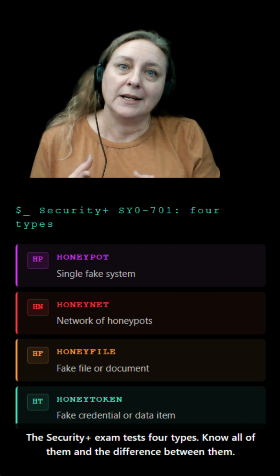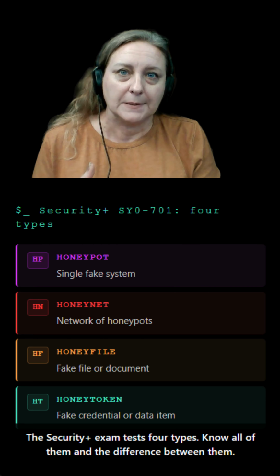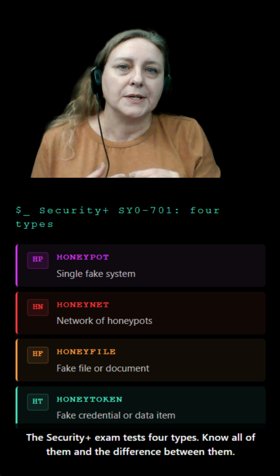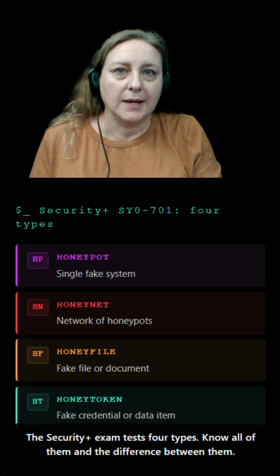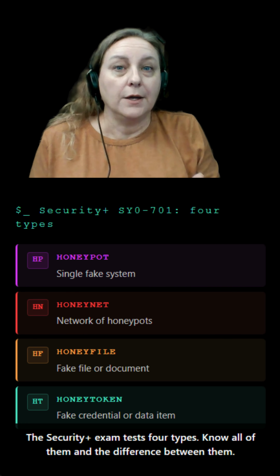So you need to understand that these are deception technologies, that they are disruption technologies, and then you need to understand what each of them does, or what scenario describes each one distinctly from the other.